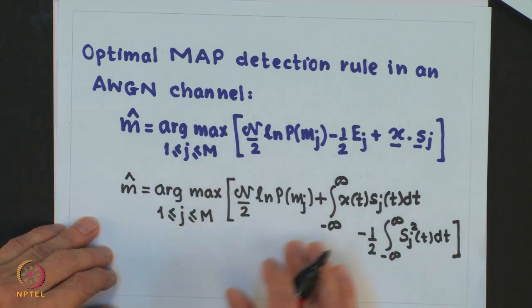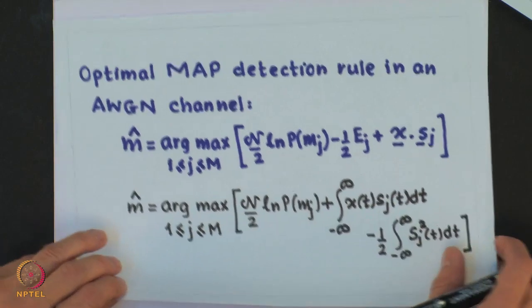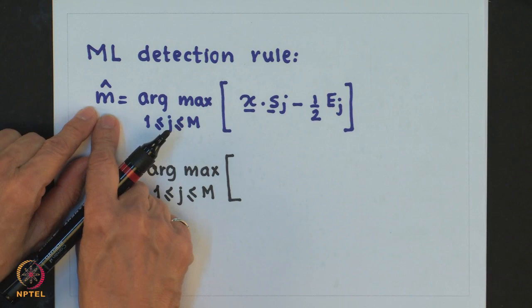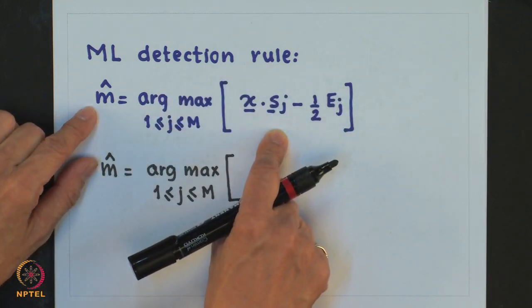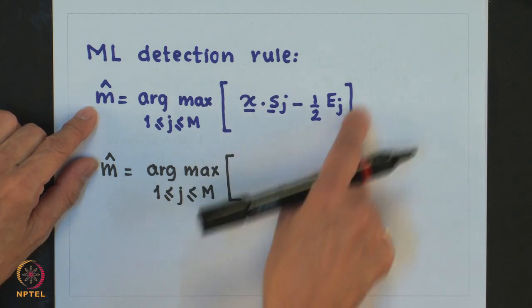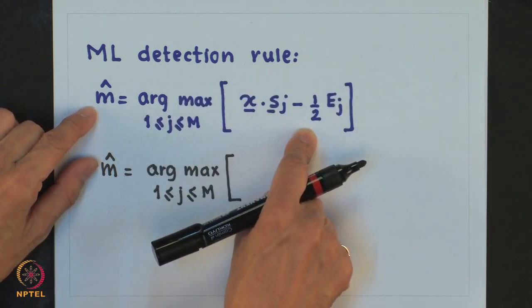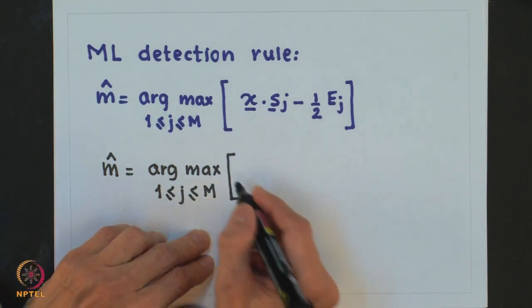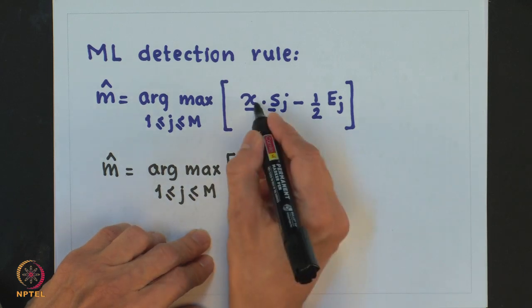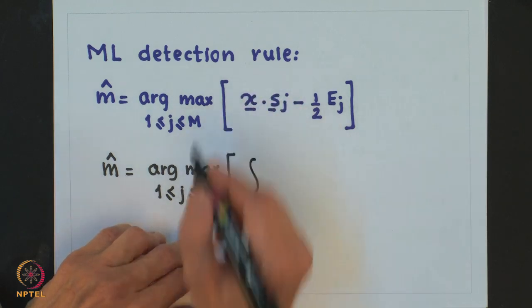And we can similarly rewrite the ML detection rule as follows. This is your ML detection rule for the additive white Gaussian noise vector channel. Right. So, this I can rewrite for the continuous AWGN channel in this format based on the result derived for this dot product.